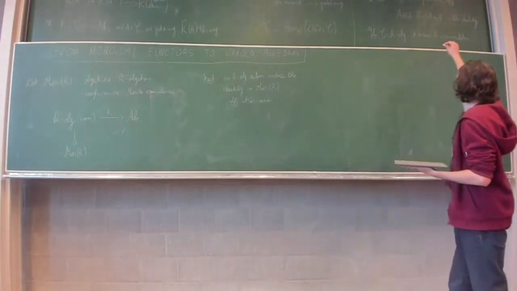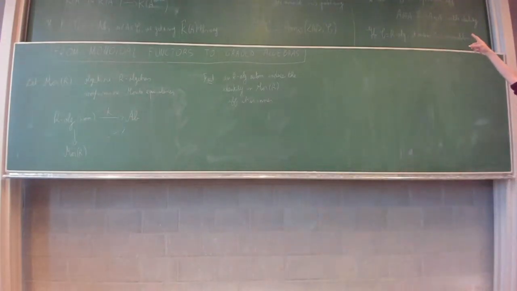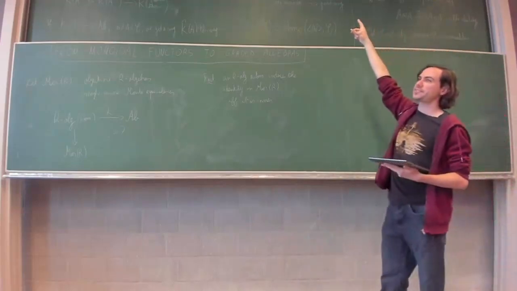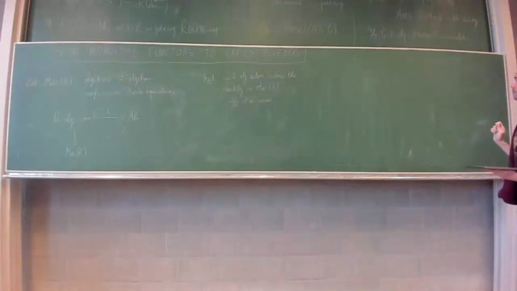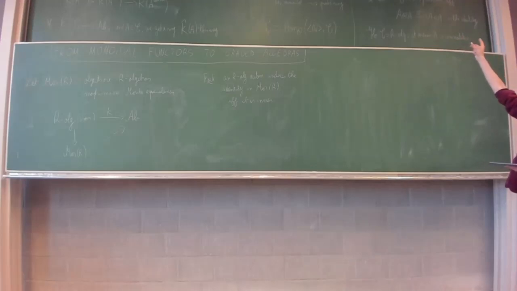In particular, if I want to play the same game, but I replace C with this Morita category, which I can do, I don't need A to satisfy that this is the identity. I just need it to satisfy that this is inner.